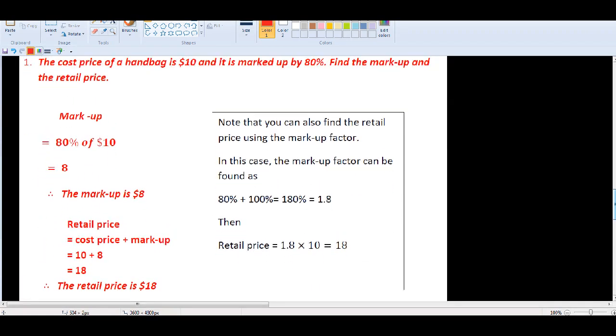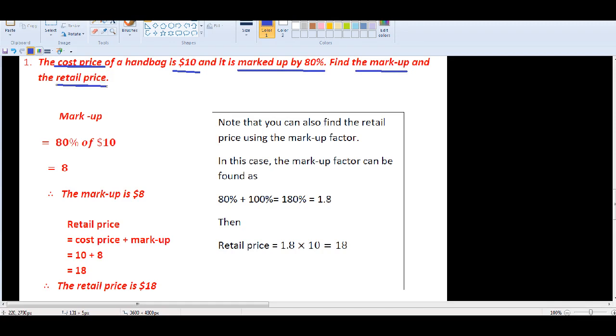Okay, let's see the first example. Let's ignore that box. We focus on the left hand side. So the cost price of a handbag is $10. It's marked up by 80%. Find the markup and the retail price. So it's simple, right?